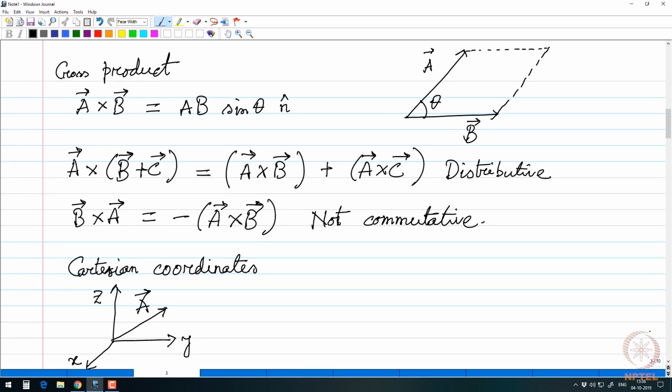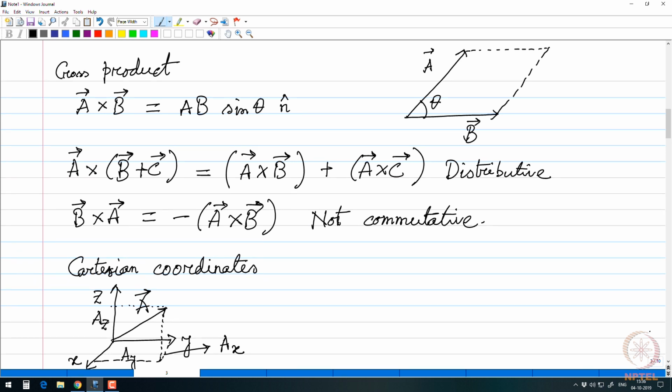Let us project this onto the xy plane. That looks something like this, the projection, and this part of the length here can be given as Ax, that is parallel to the x axis. This part is Ay, that is parallel to the y axis, that is the y component of the vector, and the z component would be its projection onto the z axis.